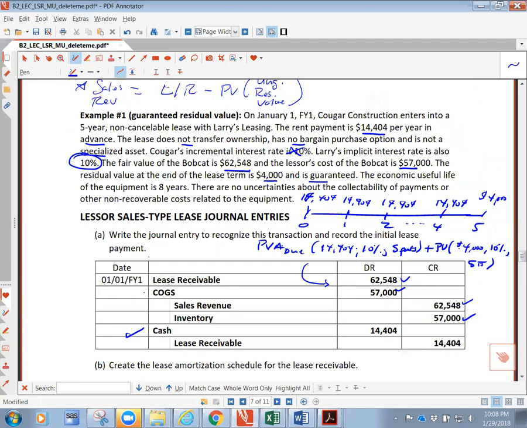That is how you would recognize initially the cost of goods sold, sales revenue, and lease receivable. The lease receivable will be subsequently amortized. Cost of goods sold and sales revenue are expense and revenue accounts, temporary accounts, so those don't have to be amortized later. And then you wrote off the inventory because you transferred it to the lessee. So we'll continue this example in the next video.